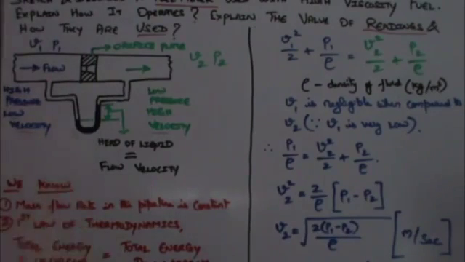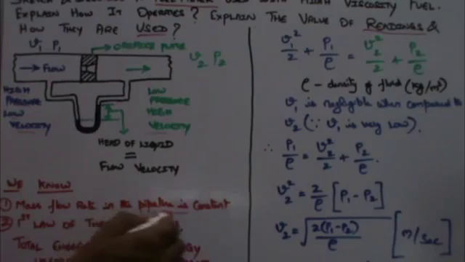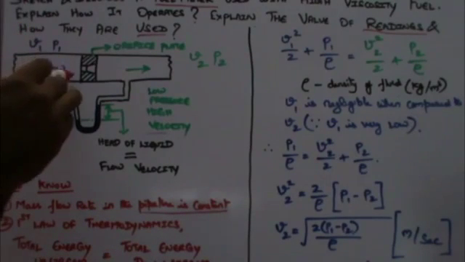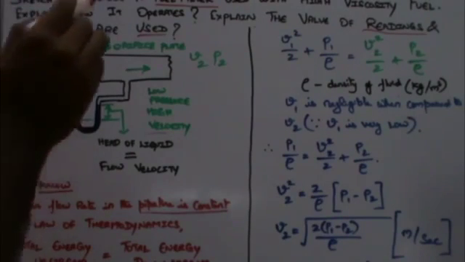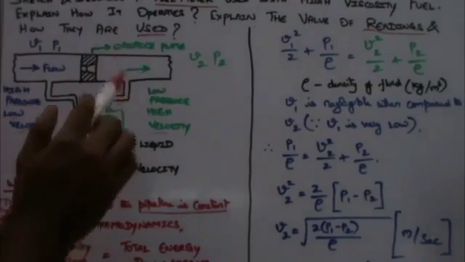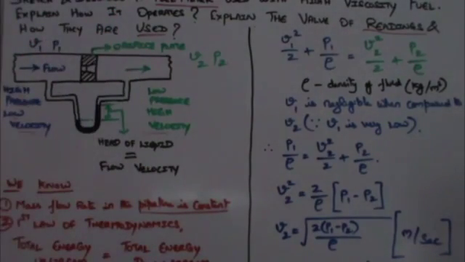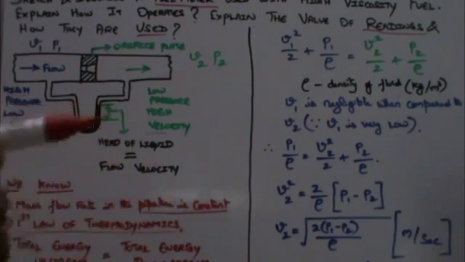And we all know from the basics that the mass flow rate in a pipeline is always constant. That is, whatever flows through the upstream of the pipeline per unit time is same as whatever flows on the downstream of the pipeline. And first law of thermodynamics, that is, energy can neither be created nor be destroyed, but it can be transformed from one form to other.